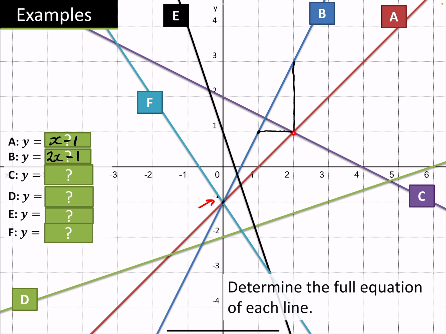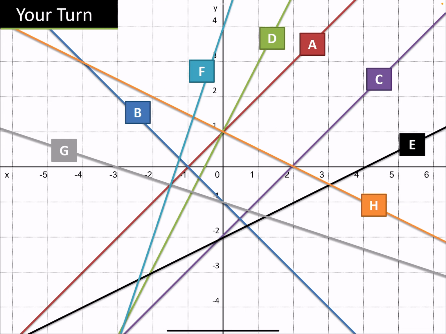For every 1 we go across, we're going down half, so the gradient is -1/2, so I'll write that in, -1/2 x, and then the y-intercept, there we go, is 2, so that's +2 in that case. Okay, that's it, dead easy. So we can have a go at these in the lesson, or you can have a look at them now if you want to pause the video.